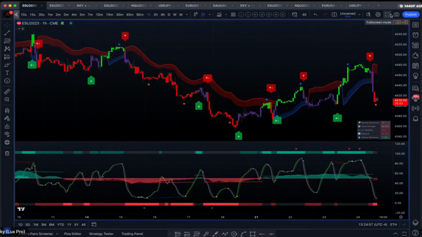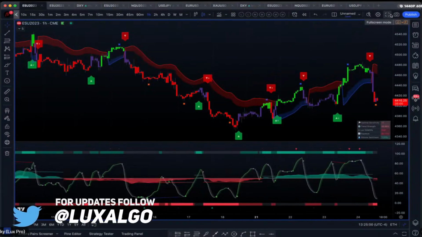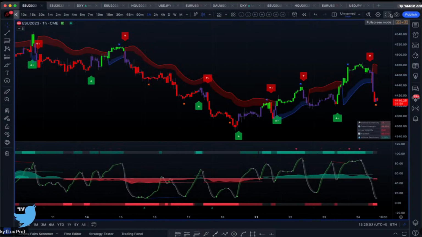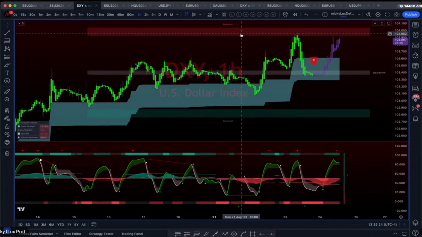I'll change this chart from regular candlesticks to Heikin Ashi bars, and I'll turn on Neo Cloud. Gives me a longer view of the markets. Okay, and the first asset I always have is the dollar on the 1 hour time frame with Heikin Ashi bars.